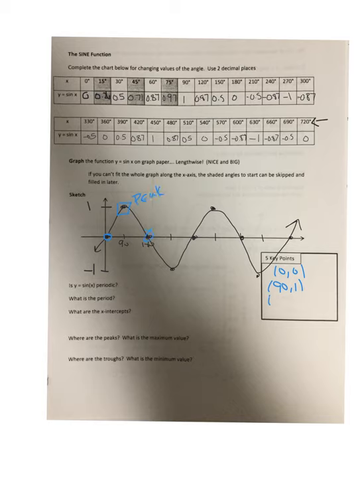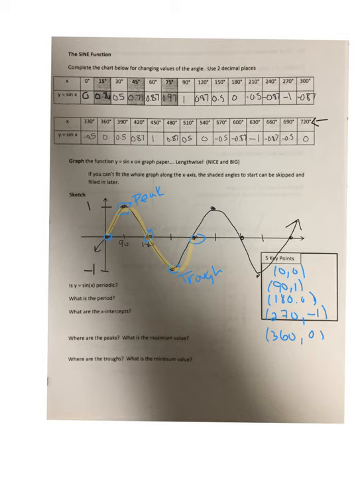Our next key point is going to be 180, 0, and then I'm sure you guessed it, we're going to have a trough down here, at 270, -1, and then finally our 360, 0. These 5 key points represent one cycle or one period of the sine graph.